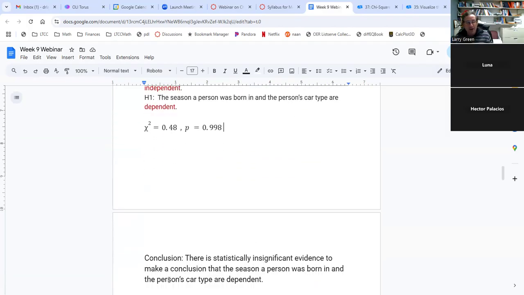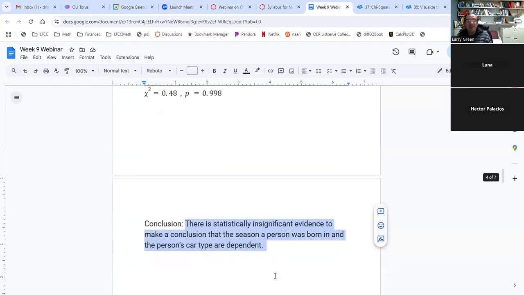Okay. So here's the conclusion. There is statistically insignificant evidence to make a conclusion that the season a person was born in and the person's car type are dependent. Okay, that's not the same thing as saying we can conclude it's independent. If you want to be able to say something like that, and I'm going to say this a lot from now on, you need to not take elementary statistics.